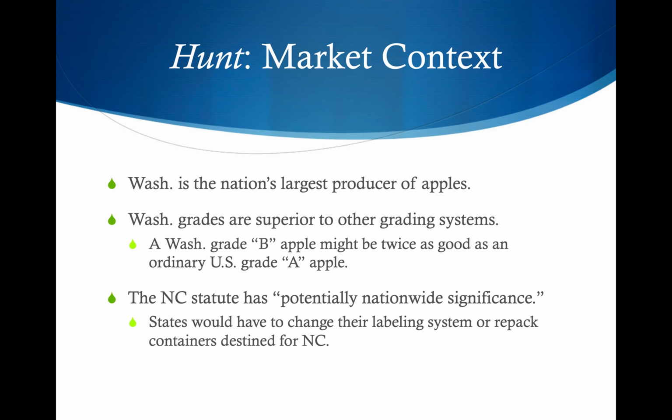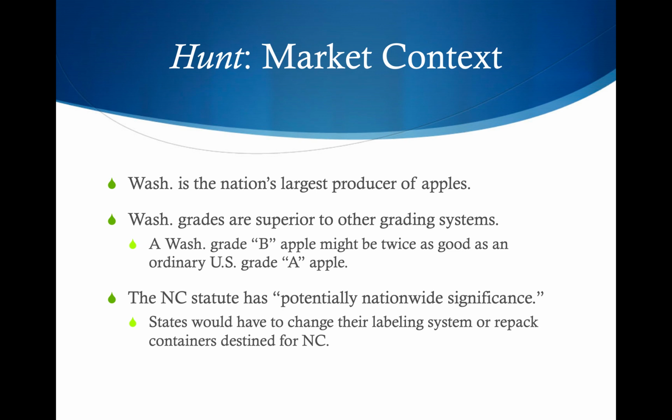So they don't have unique North Carolina labels. But if Washington wanted to continue to sell in North Carolina, they would have to do one of several things. They would either have to create separate North Carolina labels, but that would mean completely reorganizing how they pack their product, because at the moment they pack all of their apples into crates and they don't know which crate is going to go to which state, so they would have to start segregating them.